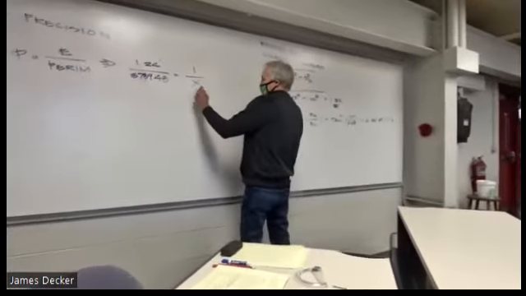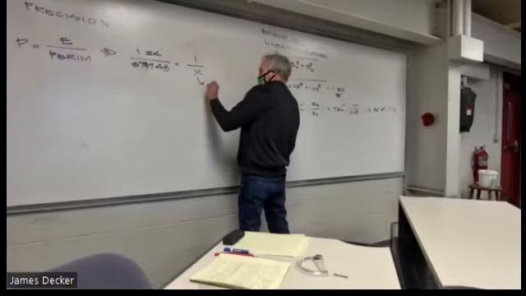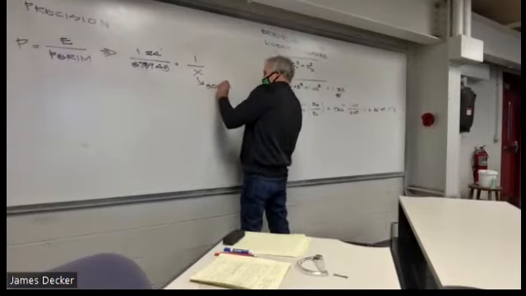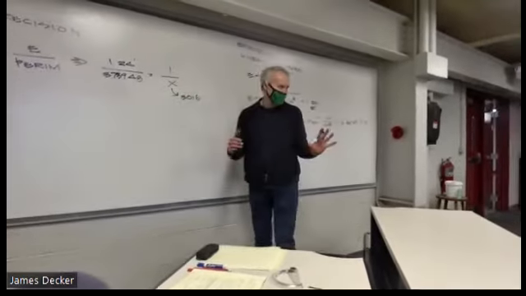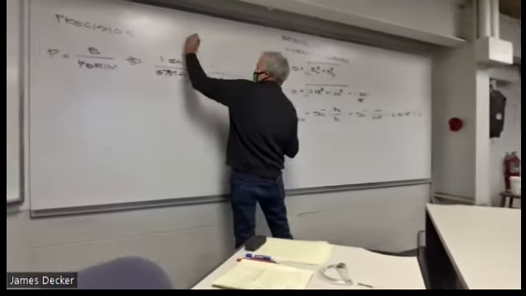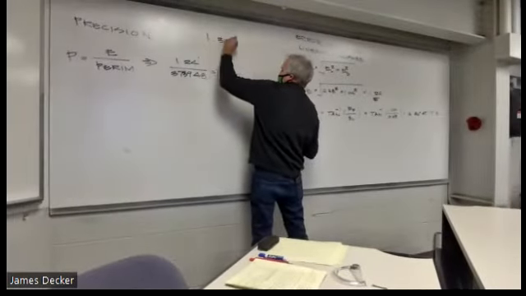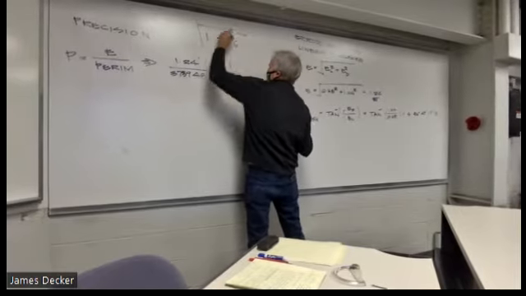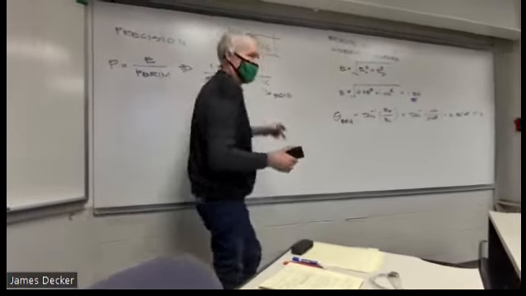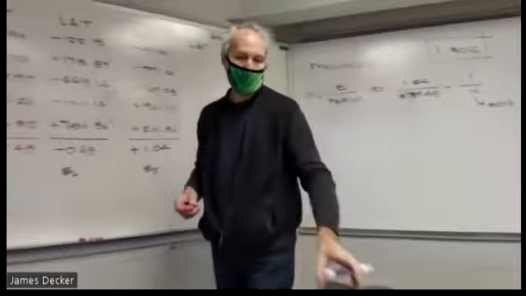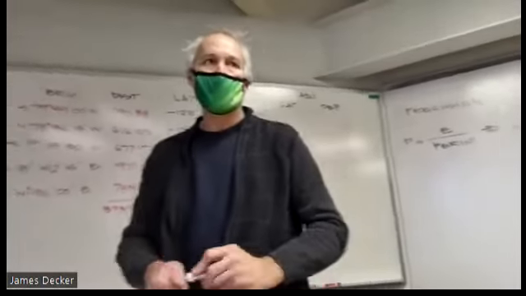When you solve this, this number comes out to be 3016. And you would express this traverse as a 1 in 3016. This is the precision of your traverse. So for every 3,000 feet we travel, we can expect plus or minus 1 foot.